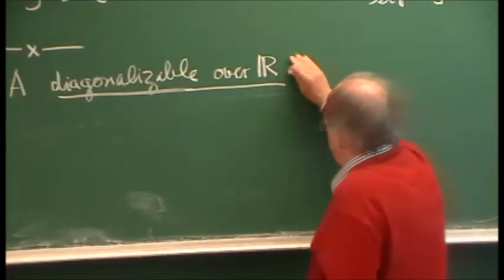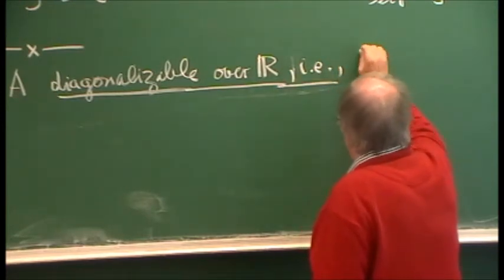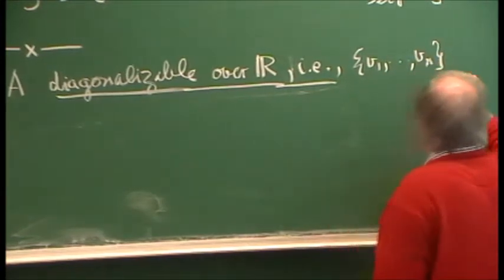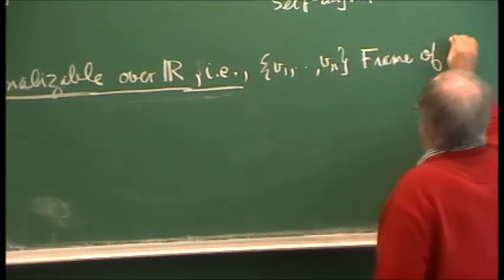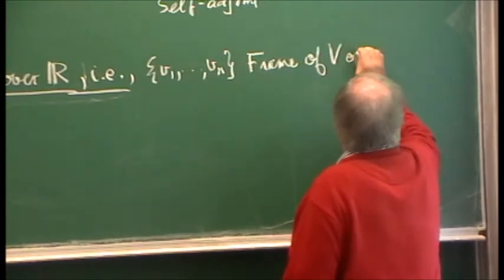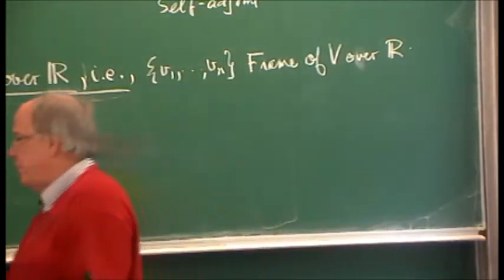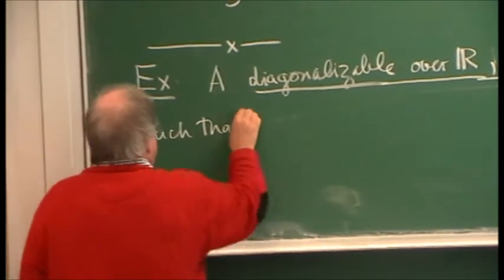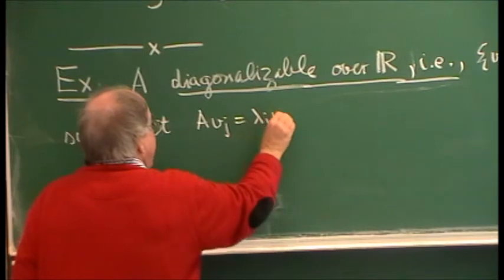That means, just to be careful that we know what we're talking about, there is a frame, an ordered basis, of V over R. This is an R basis of this vector space. There are many, such that A v_j equals lambda_j v_j. So this is the usual eigenvalue situation.